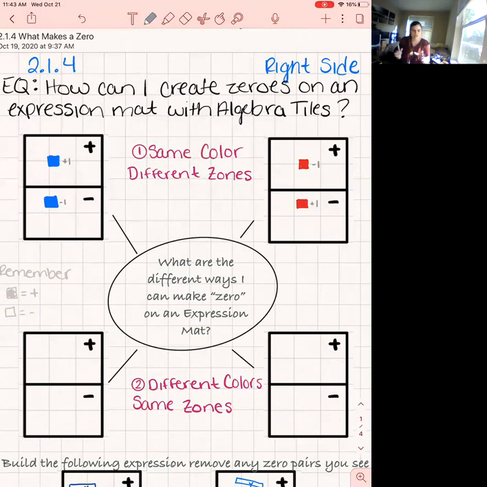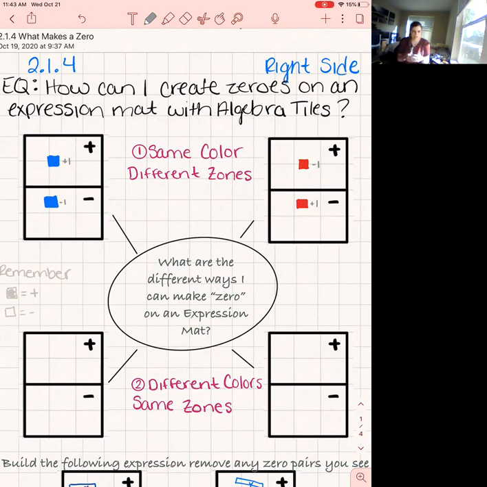So if I ever see pairs like that on an expression mat, I can get rid of those. I could cross them off. I could ignore them, because when I add those tiles together, they're going to give me a 0. If I was combining like terms, I would be combining a +1 with a -1, which we know ends up equaling 0, or canceling each other out.